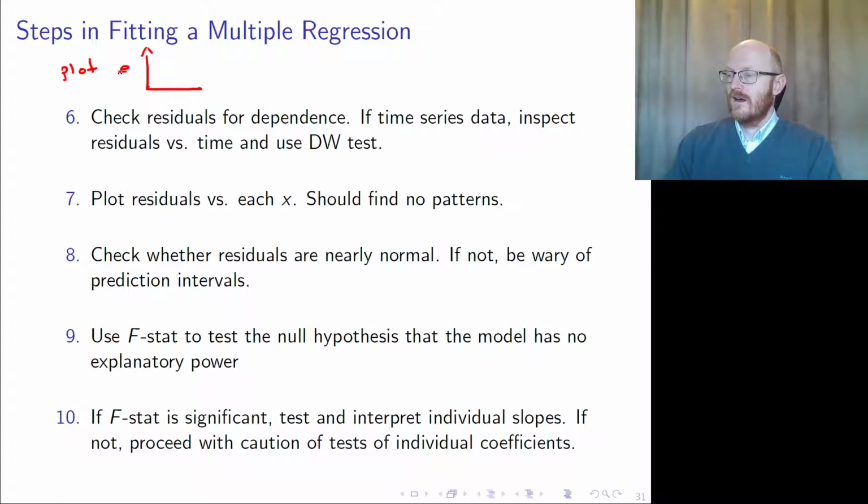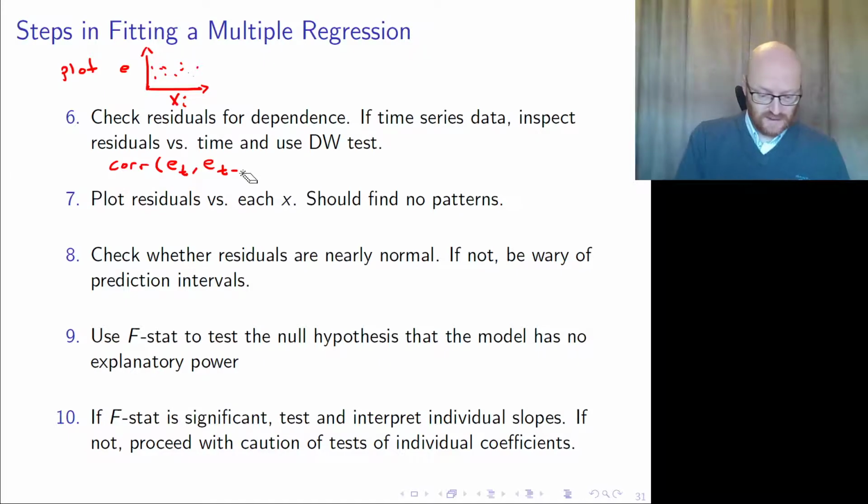If you have time series data, you can check the correlation of the error at time t with the error at the previous time slot, that would be t minus 1.